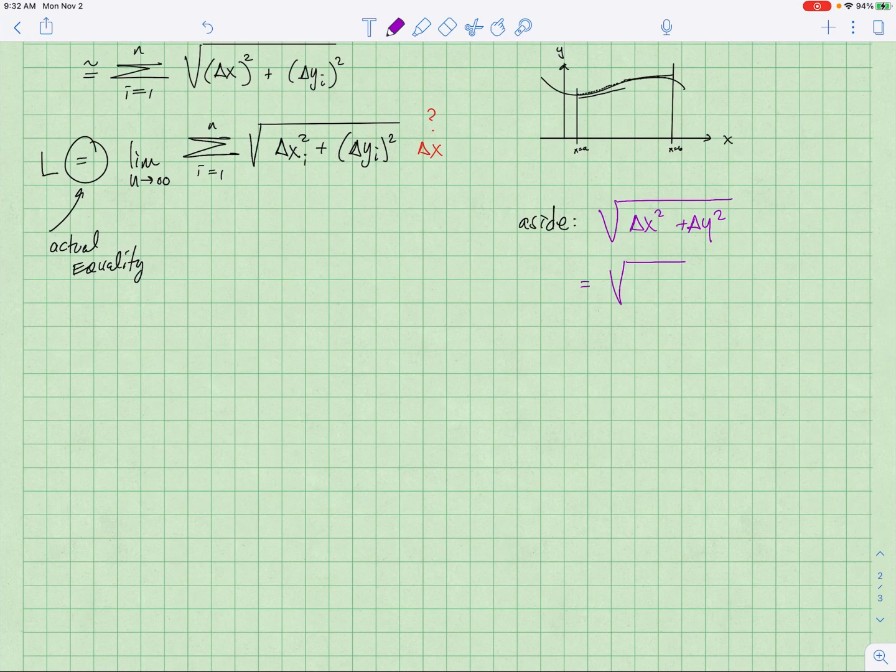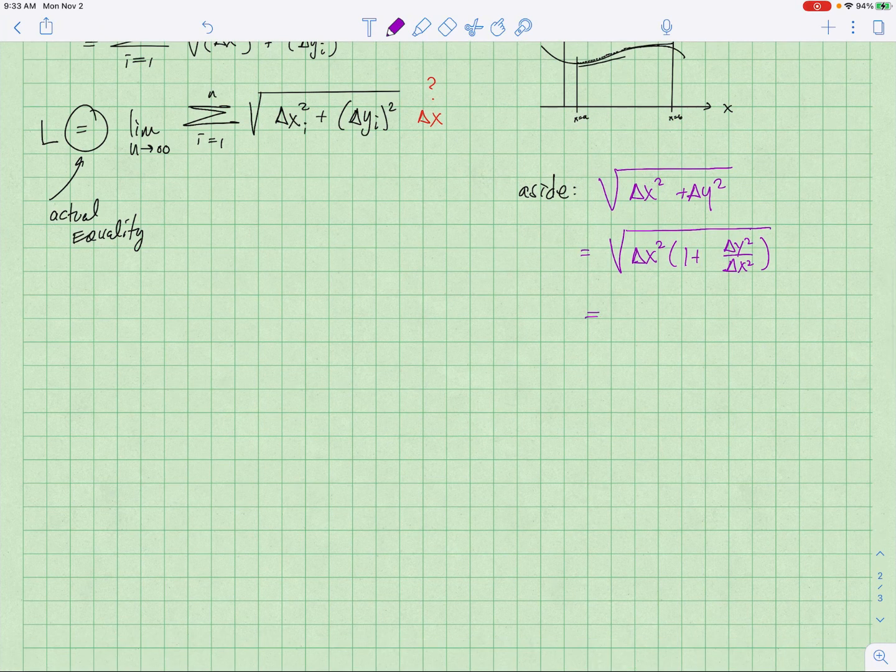And you might say to yourself, how are you going to factor that, Jenkins? There's nothing to factor out. Psh, dude, watch me. Nailed it. I didn't say it was going to go in pretty, but there it is. I factored out a delta x squared. That's going to allow me to rewrite this as delta x squared under the square root times the square root of 1 plus, and I'll rewrite this as the quantity delta y over delta x squared.